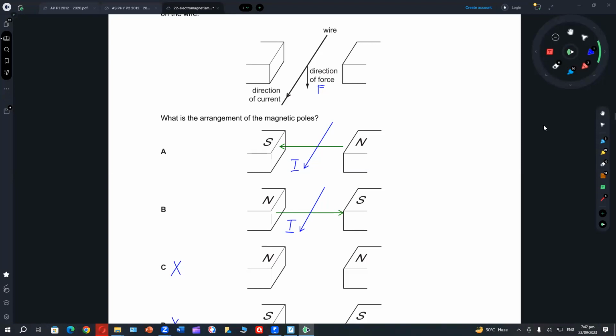So now look at the diagram. Option A, because in option A the force will be downward. We need the force downward. In option A, the force will be downward. Yes. And in option B, force will be upward.